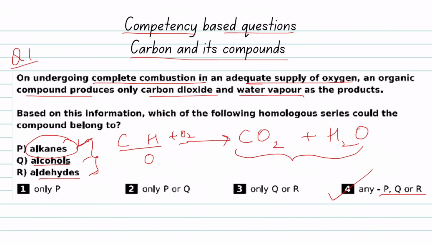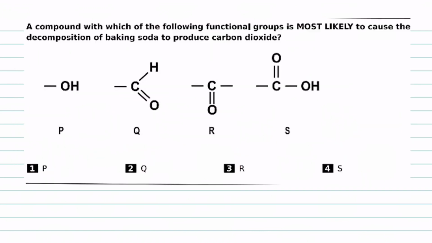Okay, let's move on. A compound with which of the following functional groups is most likely to cause decomposition of baking soda to produce carbon dioxide? Baking soda is NaHCO3, that means sodium hydrogen carbonate.